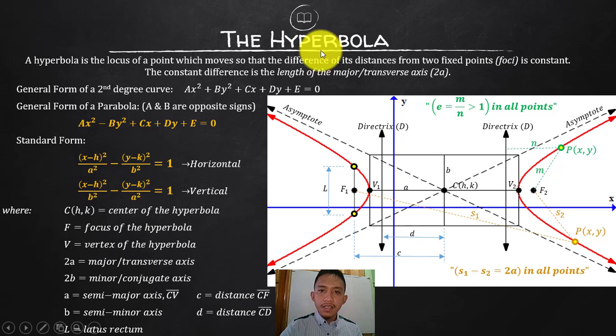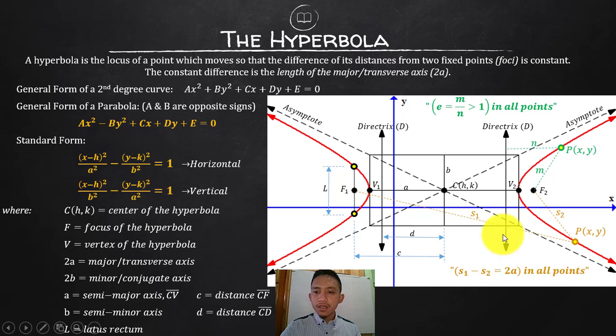Again, that will only be true for the hyperbola if I consider any point, let's say this point here, since that is where I wrote the definition. The distance to the first focus, S1, and the distance to the second focus, S2. Since it is a hyperbola, we refer to the difference.